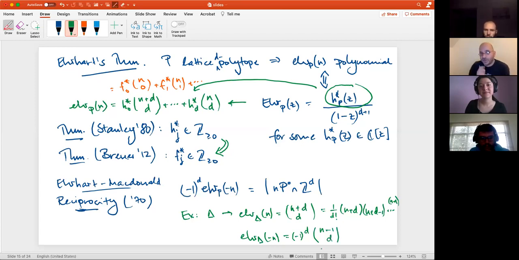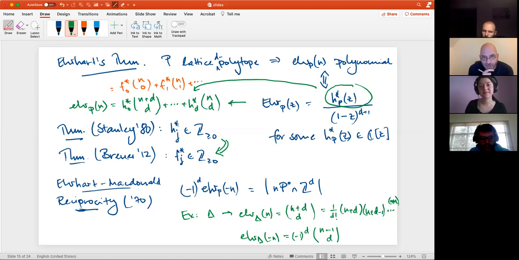Yeah. So if you plug in negative n into n plus 1, you get negative n plus 1, and then negative n plus 2, and so on. And so if you take out d minus signs, you get n minus 1 times n minus 2, and so down to n minus d.